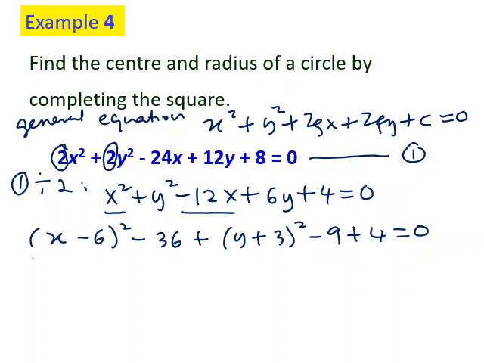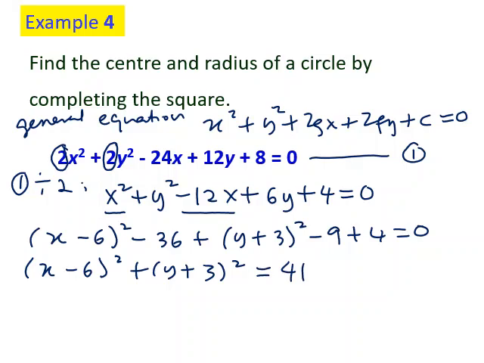You simplify this, you get (x - 6)^2 + (y + 3)^2, and minus 36 minus 9 gives negative 45. Negative 45 plus 4 equals negative 41. So you bring it to the right, and this equals 41.